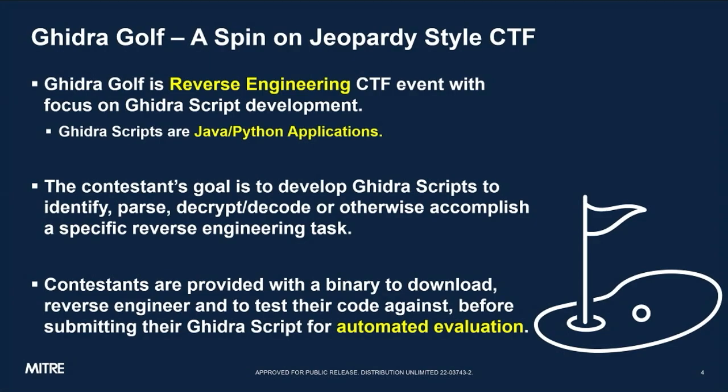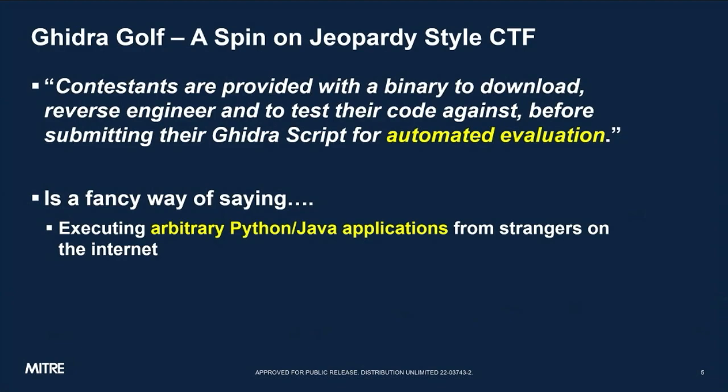What Ghidra Golf fundamentally is, is a way to take a competitor's Ghidra script, which is really just a Java or Python application that automates that process, and then execute it in an automated way. Now, to rephrase that slightly differently, we are taking arbitrary Python and Java applications from competitors and then running them on our machines.